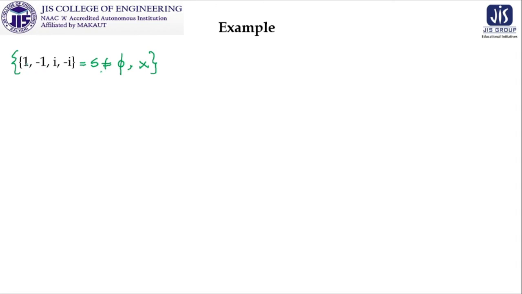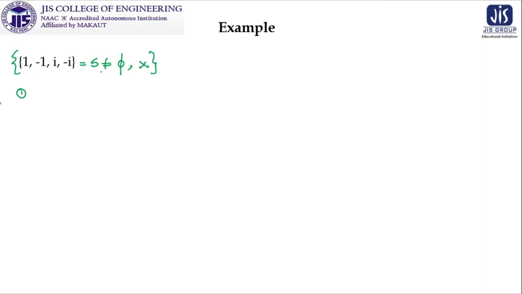So if usual multiplication is there, first of all we have to check whether usual multiplication is a binary operation or not for this particular structure. What we have to do is take any two elements and prove that the product is present in this particular set. If you take 1 and minus 1, their multiplication is minus 1. If you take 1 and i, it is i. If you take 1 and minus i, it is minus i. In this manner, it is possible to construct these four elements.